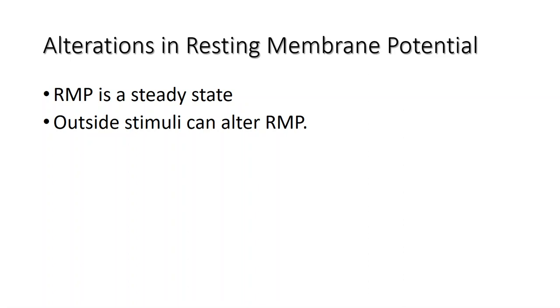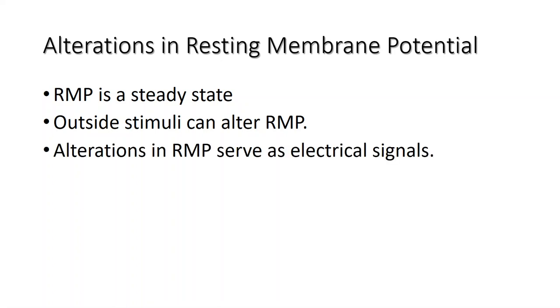Stimuli originating from neighboring cells or external environment can bring changes in the resting membrane potential. Alterations in membrane potential are very important since these are used as electrical signals in the nervous system.